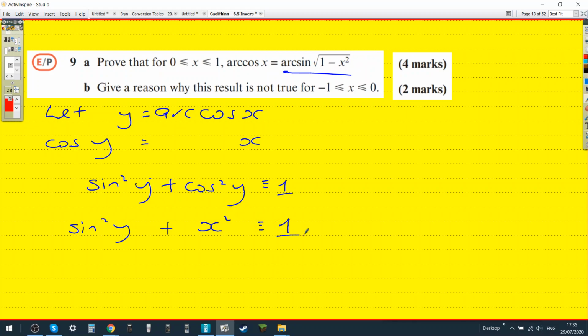Equals 1. So we are trying to move towards, what is sine y equal to? How do you get that? From sine squared y.